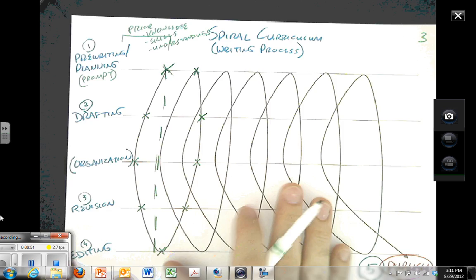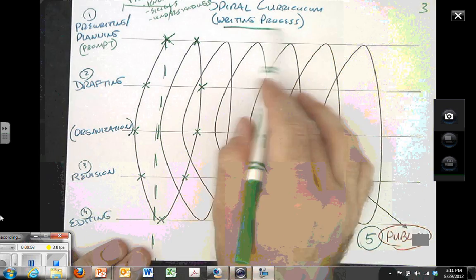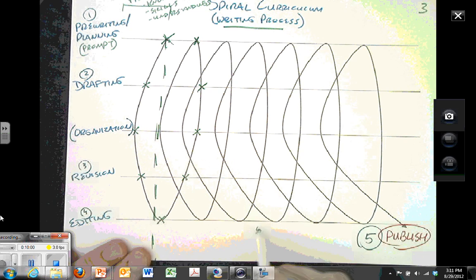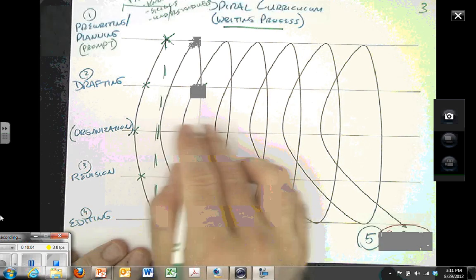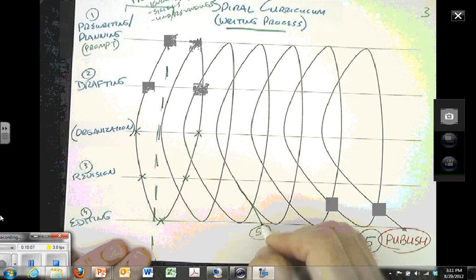But the 5th part of the writing process is to publish. So publishing may actually happen down here. You may only go through two or three drafts before the students decide to publish. And instead of spiraling on around, we just end right here.